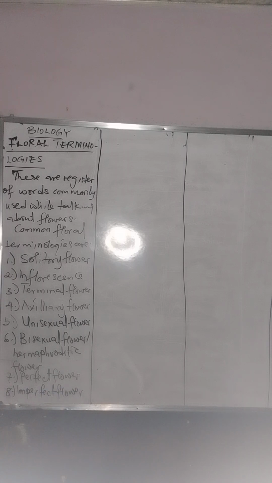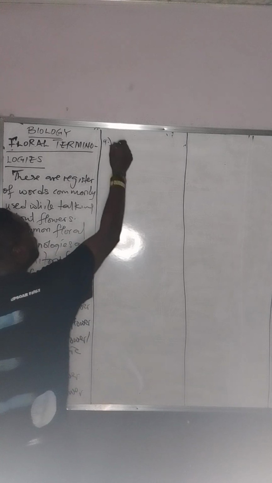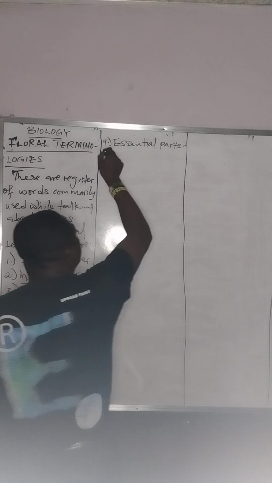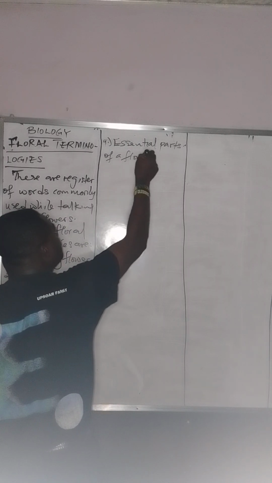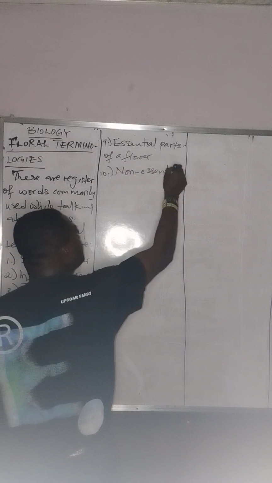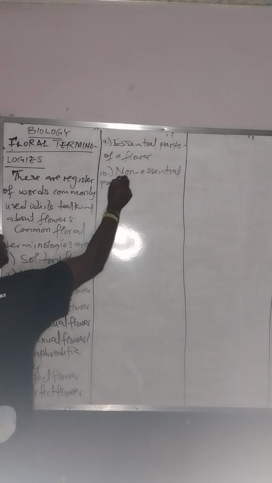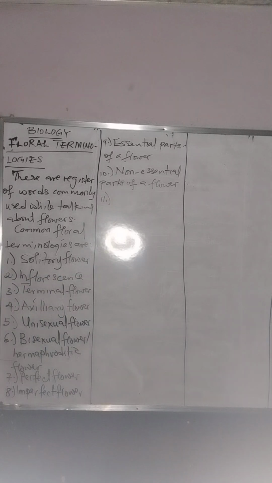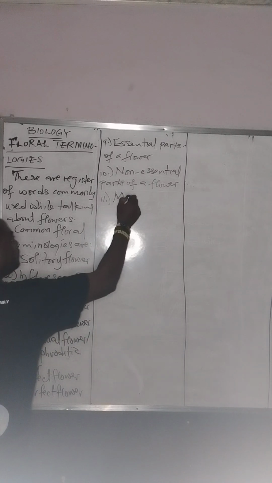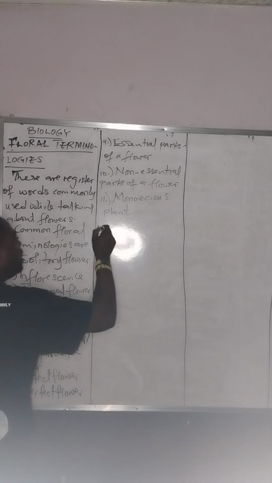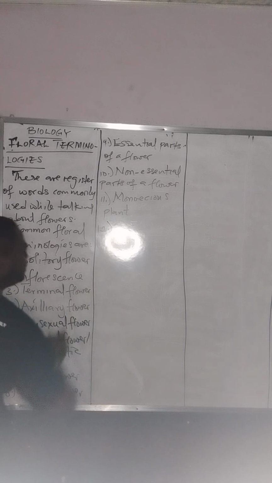flower. Then number nine, essential parts of a flower. Then number 10, non-essential parts of a flower. Number 11, monoecious plants. Mind you, I didn't say monoecious flower, I said monoecious plants.